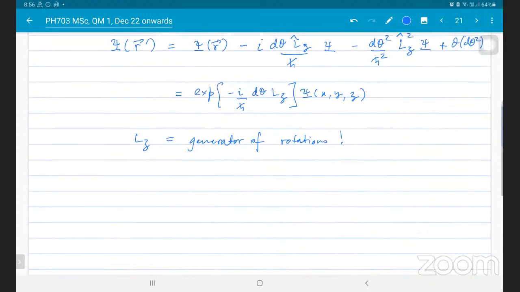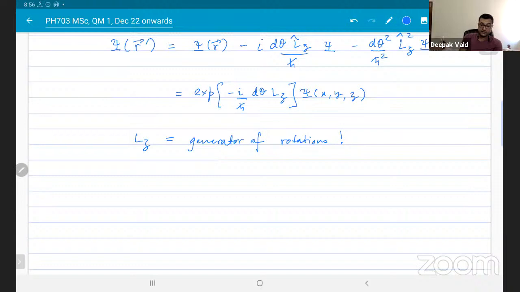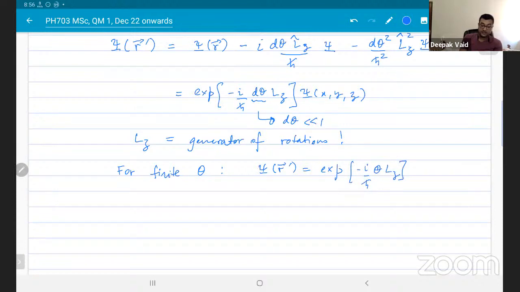Okay. Now see, now we can get rid of this. This is an infinitesimal parameter, right? Here d theta is much less than 1, let's say. But now I can write for finite theta, psi of r prime is equal to exponent of minus i by h bar theta Lz psi of r. Why can I do this?